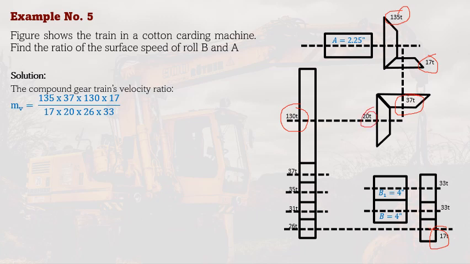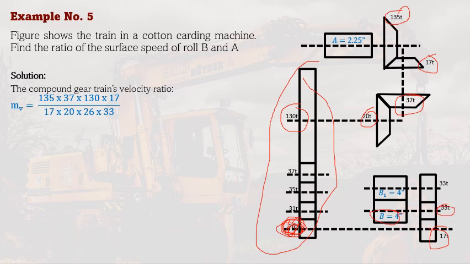And then for the next gear set, this whole thing here is another gear set, and the driven here is the 126. So the output we count is 26. And for the shaft here, since we are concerned with the speed of B, we will use the 33.